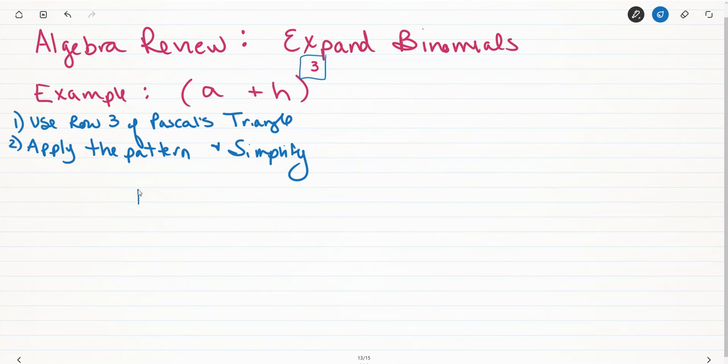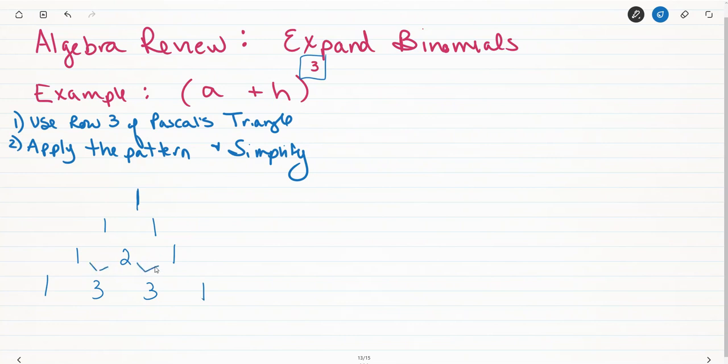Quick review of what Pascal's triangle looks like. We start with a 1 on top, and then below it you have 2 1s. You always start and end with a 1, but in between we're going to add this 1 and 1 to get 2, and then end with a 1. 1, add the 1 and 2 to get 3, add 2 and 1 to get 3, and end with a 1.